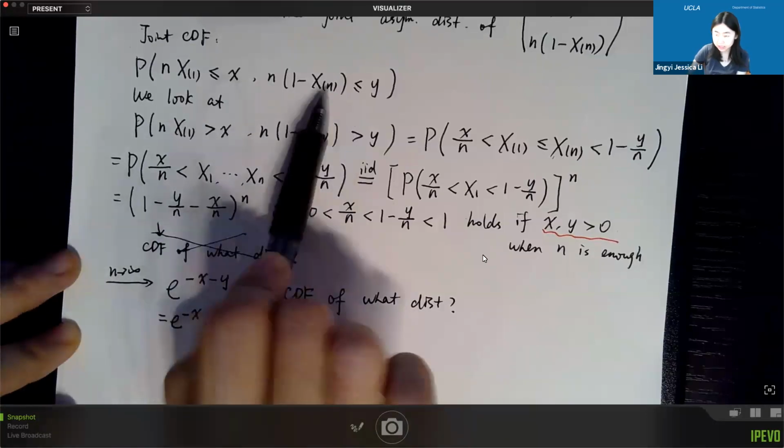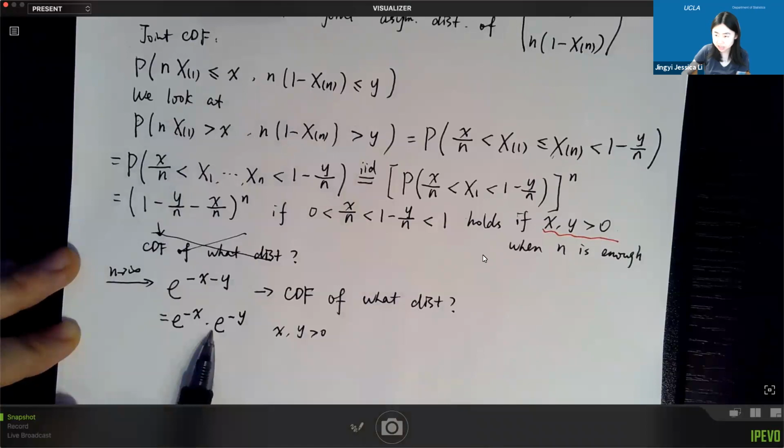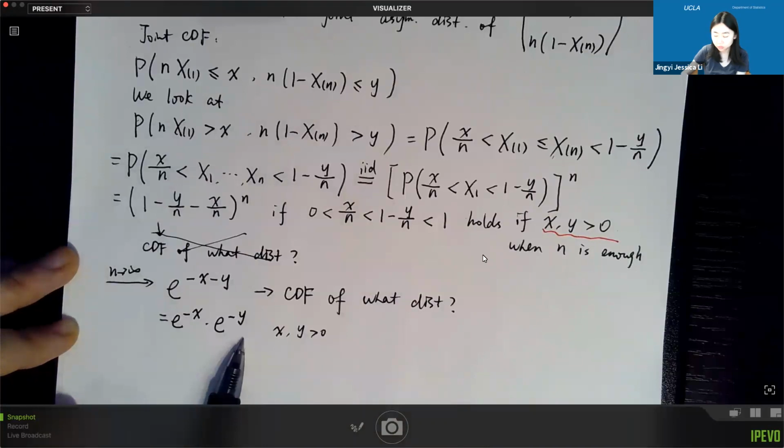By looking at this, we get some hint that we can actually factorize the CDF into two terms, one about x only, one about y only. So then we're interested in whether the joint distribution is the joint distribution of two independent exponential one random variables.